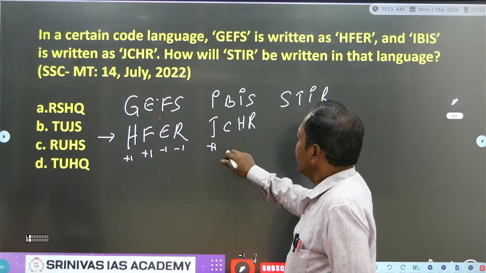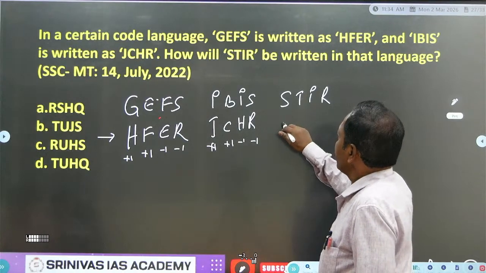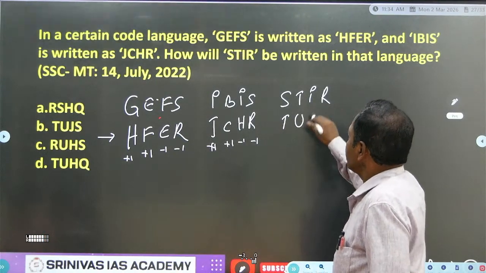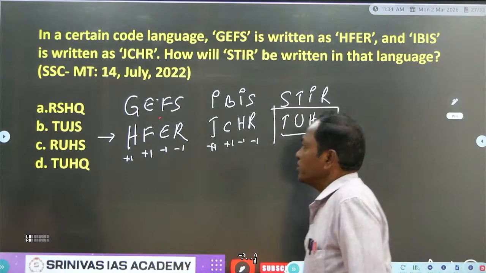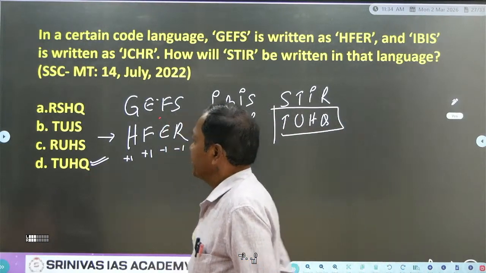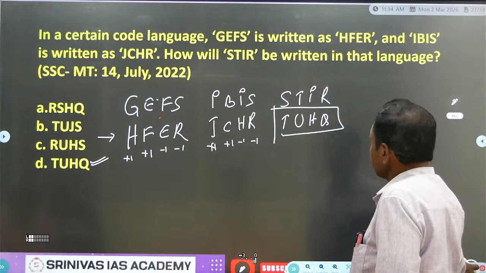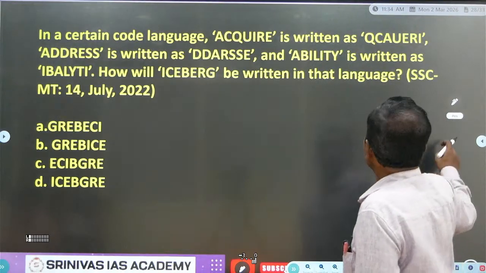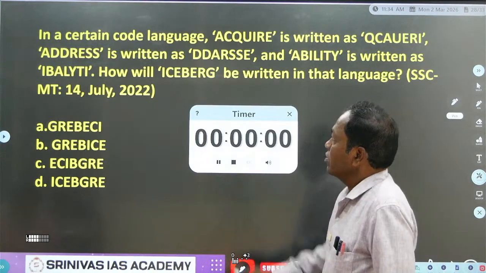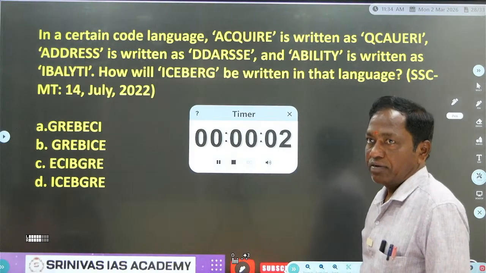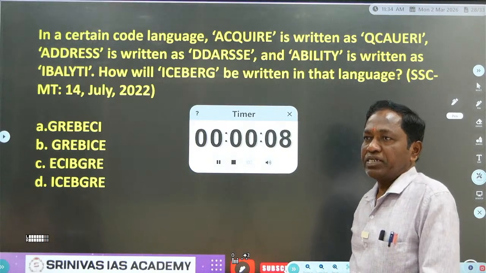IJ plus 1, BC plus 1, HI minus 1. T plus 1 is U, then minus 1, minus 1. Option D is the appropriate one.